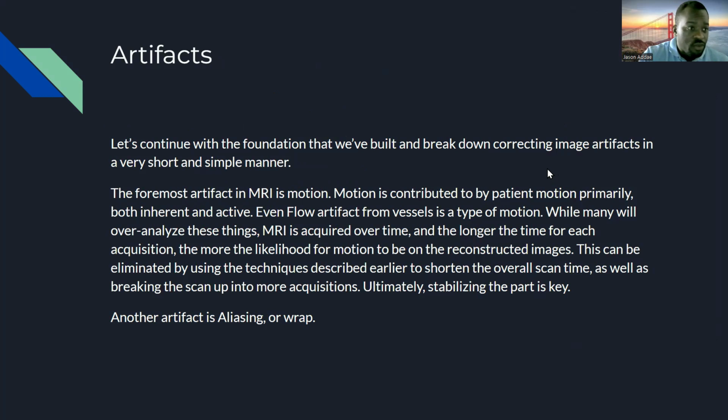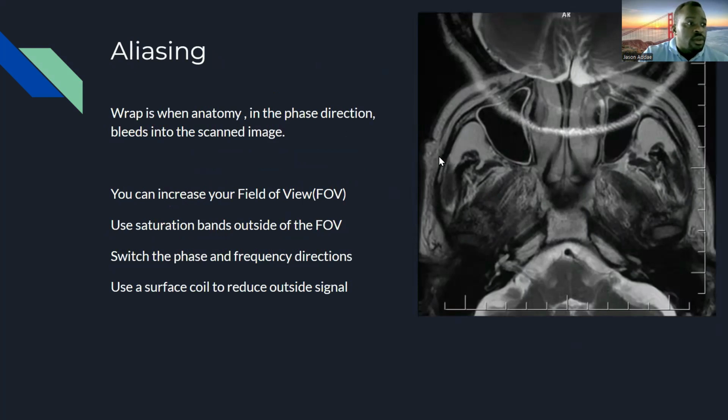There's a lot of different artifacts you run into. If your field of view isn't big enough, you can have wrap artifact. You can have zipper artifact from, as I mentioned earlier, RF infiltration. This is an example of aliasing or wrap artifact. Increase your field of view. You can switch your phase and frequency direction because you have your frequency and your phase direction with your imaging. Frequency is going along with the excitation of the magnet, and that phase is what's going to be going parallel.